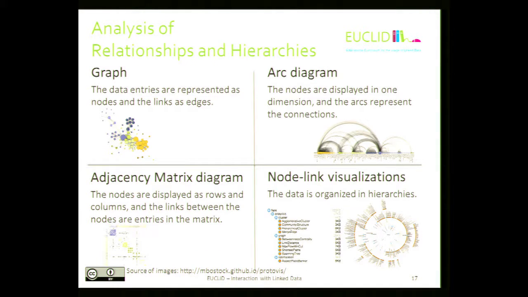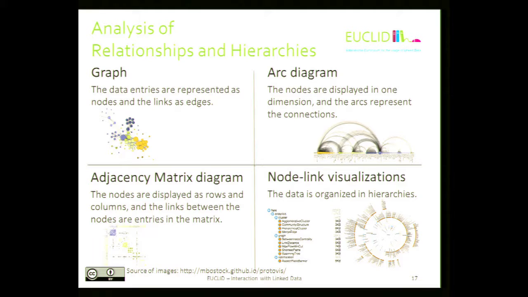Analyzing relationships and even more special hierarchies. You can, of course, use a standard graph representation, like depicted in this picture here, or a little bit more specialized in the form of an arc diagram, where you basically draw all the nodes in your graph on one line, and then the edges between two nodes are displayed as circles connecting these two nodes.